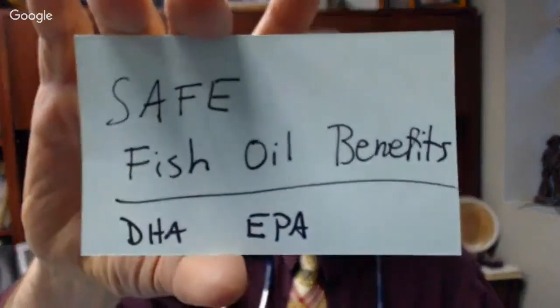Now, the second part of this is what we call safe fish oil. Now, why do I say safe fish oil? Well, the reason I say that is because most fish oil is contaminated with heavy metals. This has been researched in the past. It's still true. The situation hasn't improved any. It's just kind of being ignored by most people.